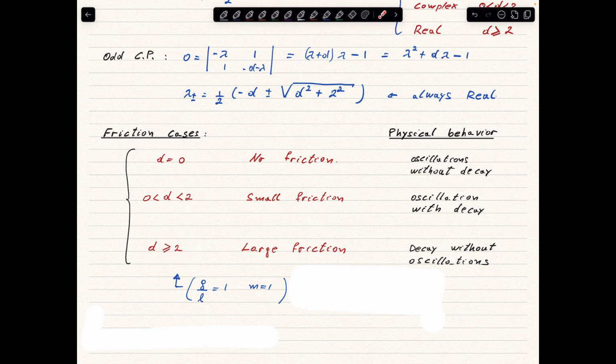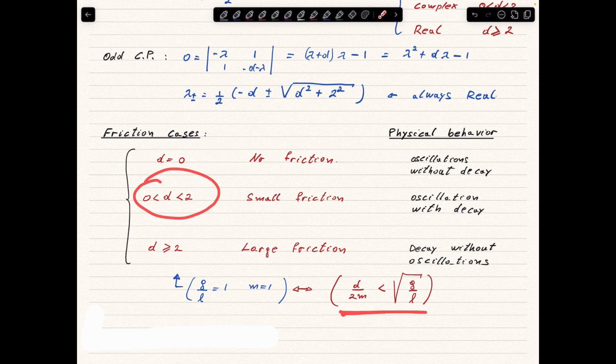And actually, if you keep G and L and M arbitrary, this condition here is replaced by this condition here. You see, when G over L is 1, you have a 1 here, M is 1, and the 2 we put on the other side, and this 2 is the 2 we are seeing here. But actually this is the condition for the case of small friction.